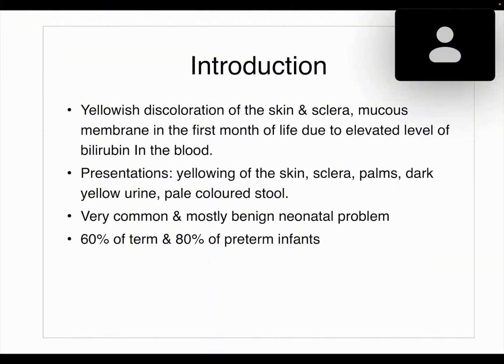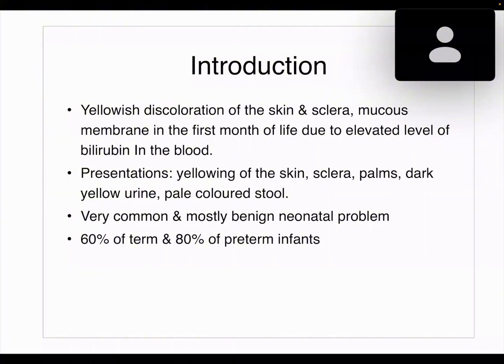Neonatal jaundice basically is the yellowish discoloration of the skin, the sclera, and also the mucous membrane. Now, when I say sclera, it's the white part of the eye. So whenever you notice a yellowish discoloration in a child, which usually is in the first month of life of the child, this is what we call jaundice.